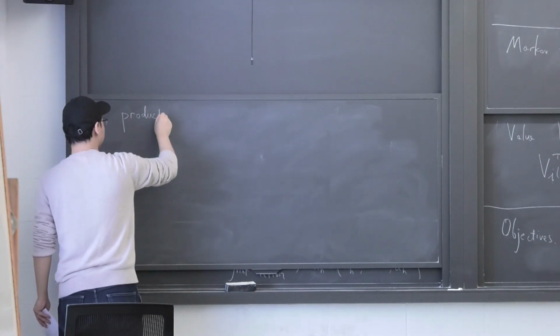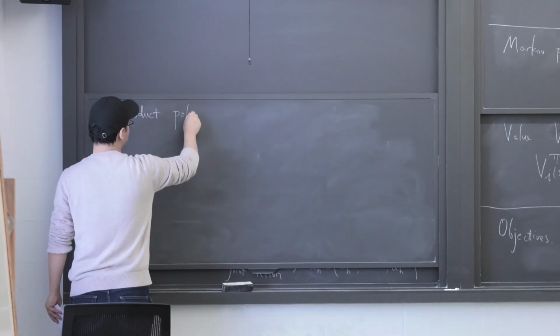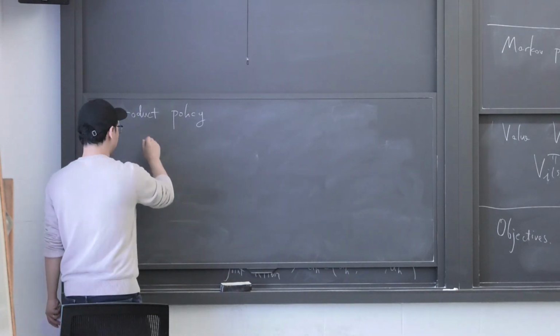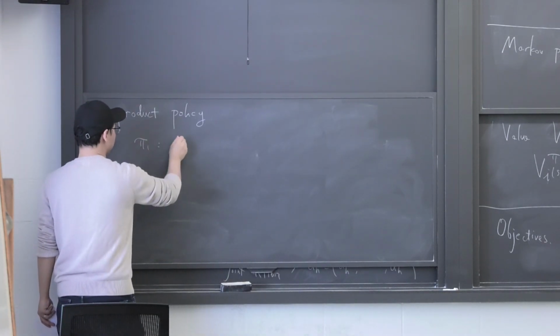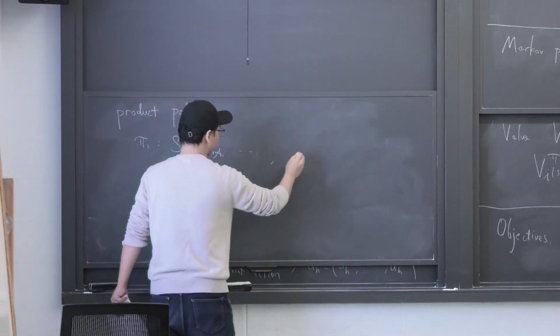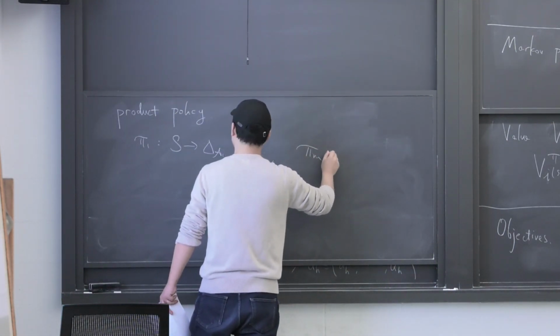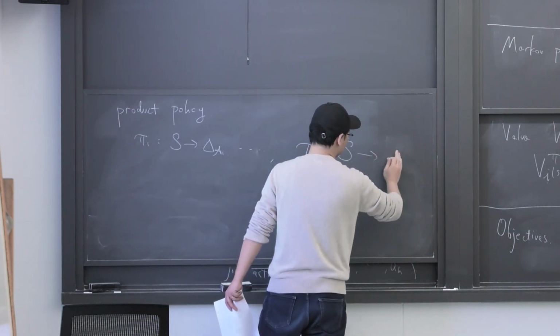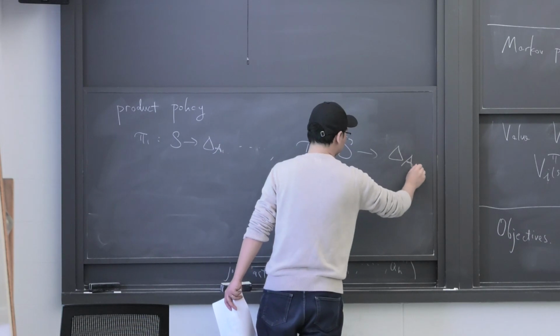For the product policy, which is what a Nash equilibrium requires, we first have a bunch of policies: pi_1 is mapped from S to a distribution over A_1, and we have pi_m that is mapped from state to a distribution over A_m.